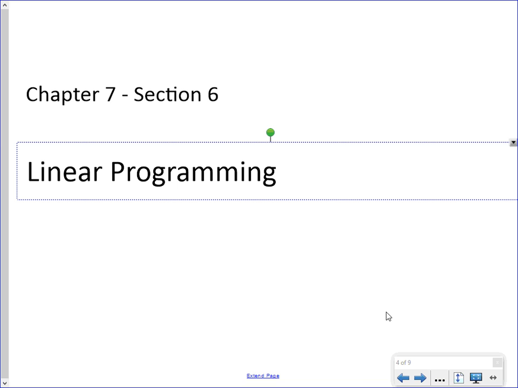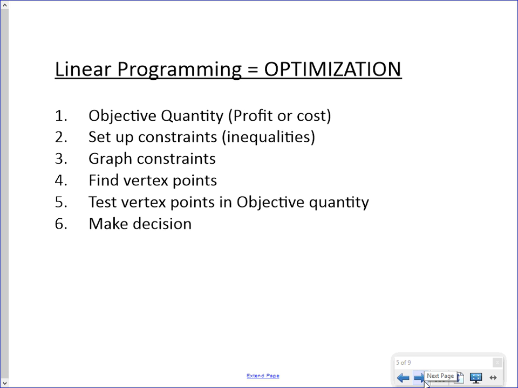To do optimization. So on your green sheet, do you see that it says optimization at the top? Okay. When we talk about optimization, we're talking about finding the min or max in a scenario. Now when we get to the real world problems, we're probably just looking for one of those things.